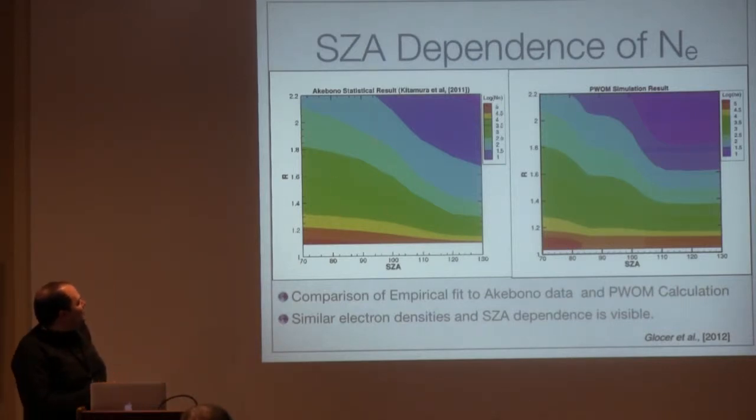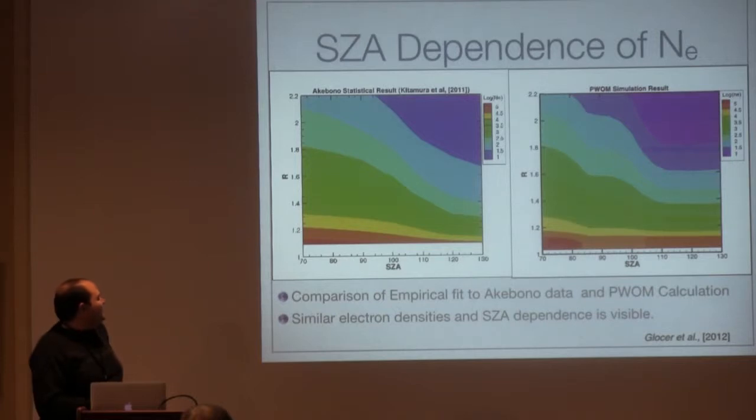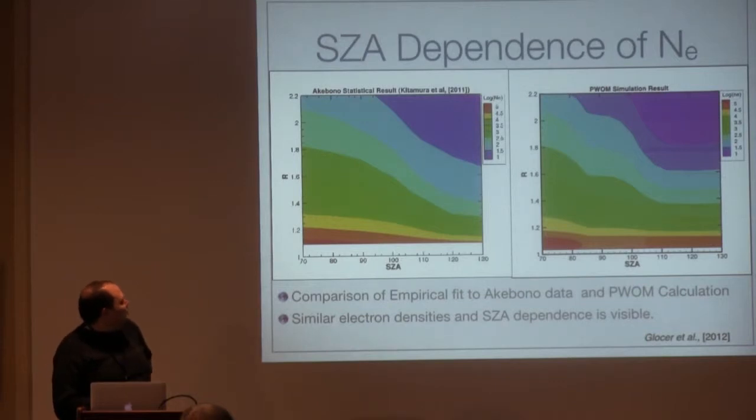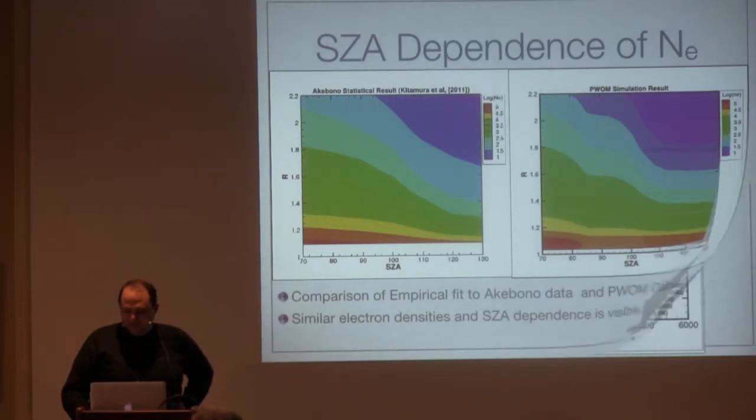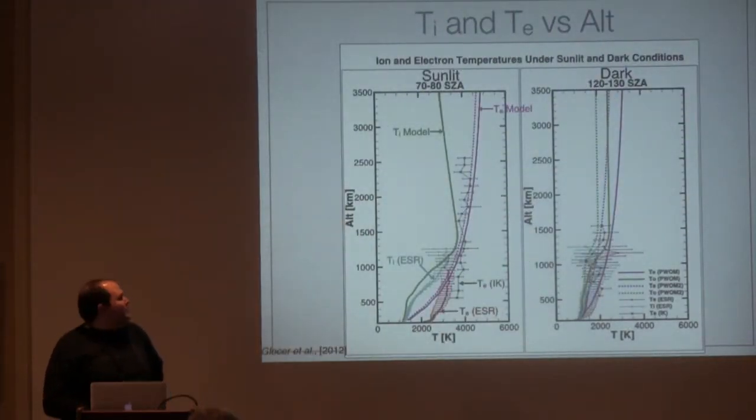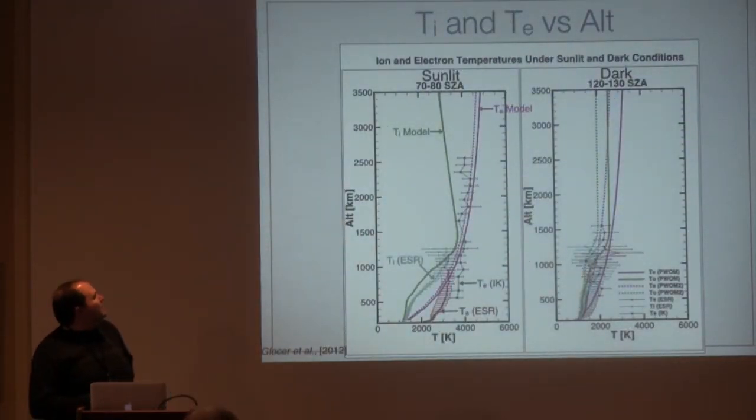On the left is the empirical fit to the Akebono data, and on the right is what we reproduced with the model. There's some differences, but in general, I think it's a pretty similar solar zenith angle dependence and pretty similar result, which was encouraging.